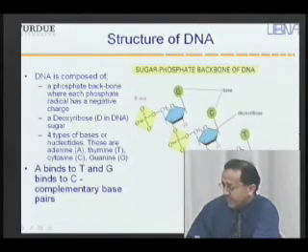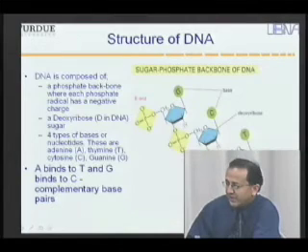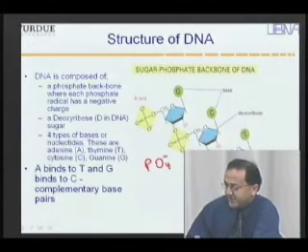This phosphate is connected to a sugar called deoxyribose, and that's the D in DNA. So it's a deoxyribose nucleic acid. The sugar and phosphate form a chain that makes up the backbone, and to each deoxyribose sugar, you then have a base attached.